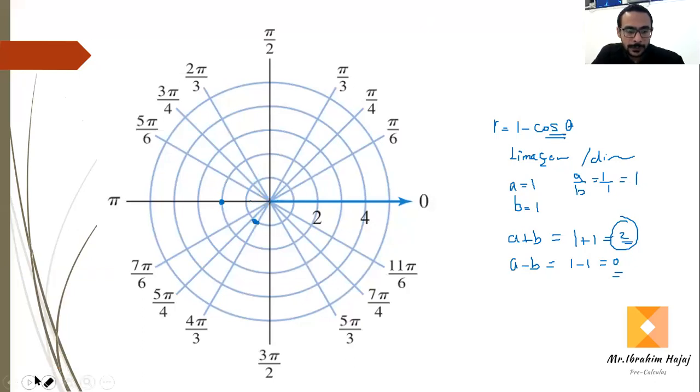We have to move 2 units. Okay, this one is right: the negative 2 and 0, and then 1 and negative 1. So we have to move up here 1 unit, and like this 1, and connect to this point.